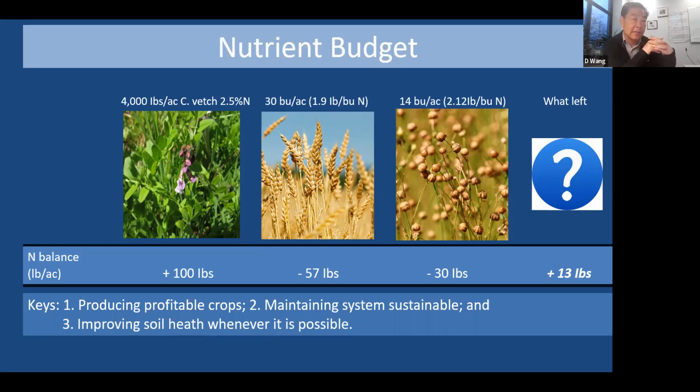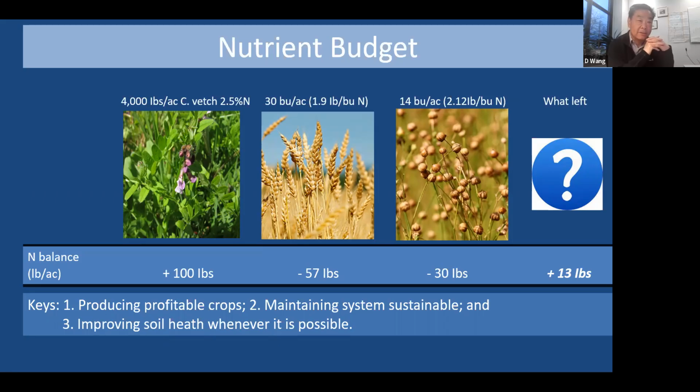And the third year you grow a flax. If you got 14 bushels per acre yield, and each bushel of this flax would use 2.12 pounds of nitrogen, you would take another 30 pounds of nitrogen out from your soil.